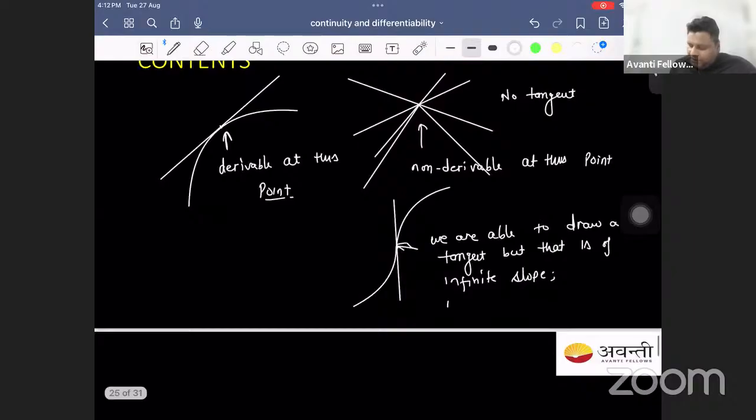Again, we call it a point of non-differentiability.